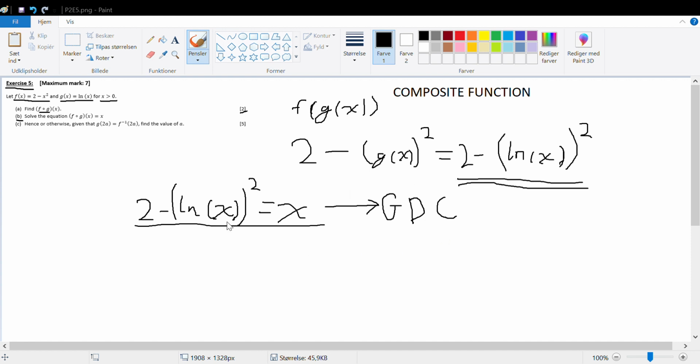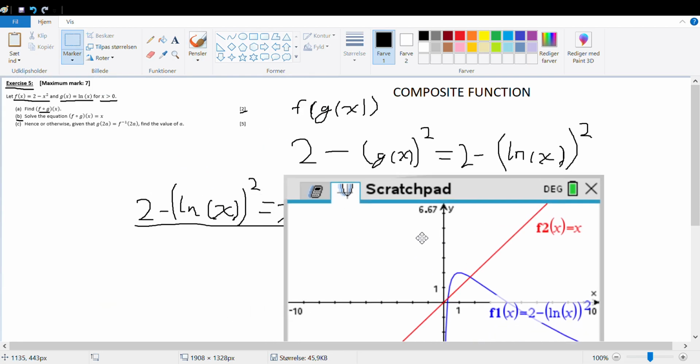And then I could also graph the much more simple function of just x. And then we can simply try and see if we can figure out when they cross. Now, I'm going to quickly set up, there we go. So now, I'm going to take a picture of it. This is what it looks like.